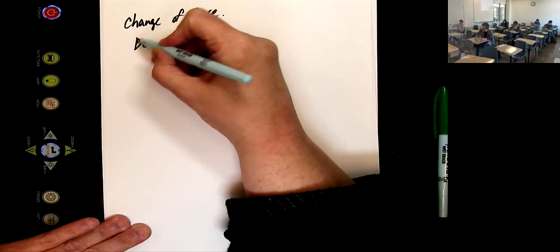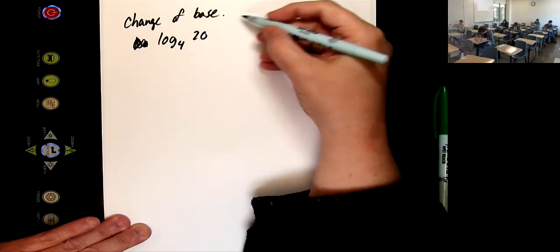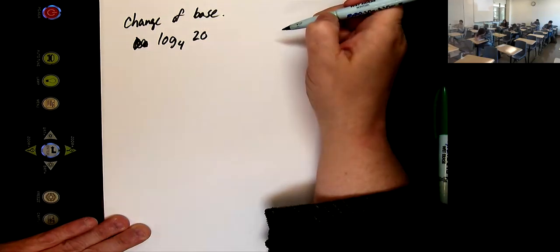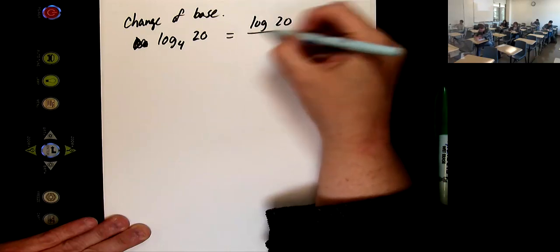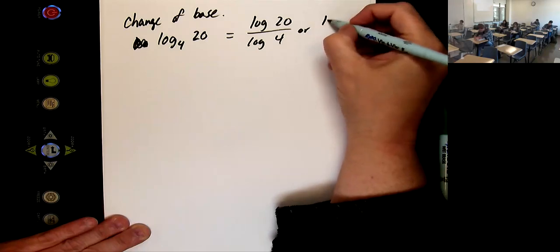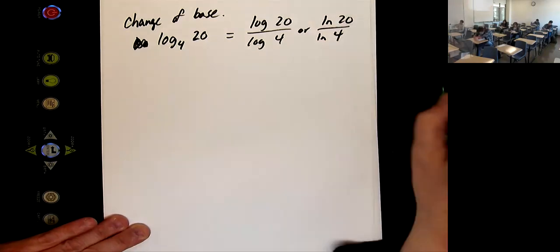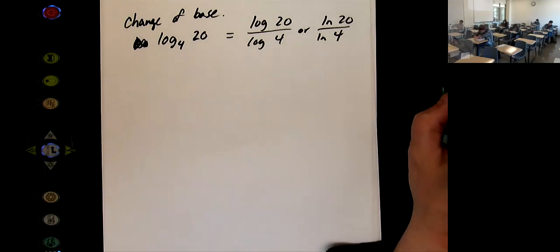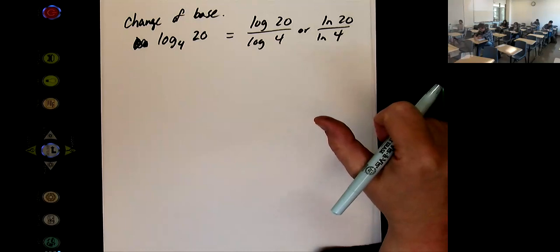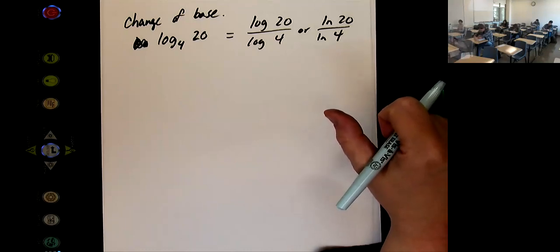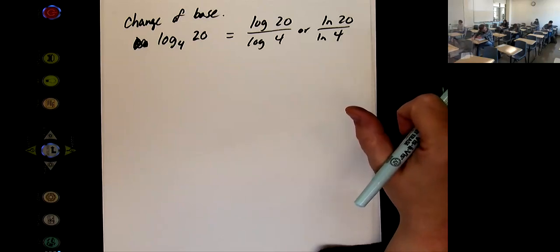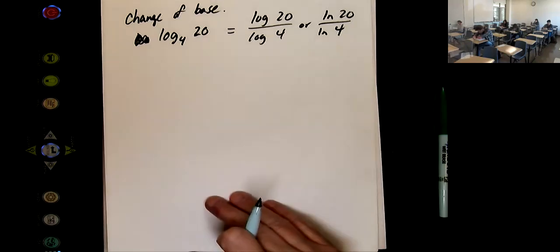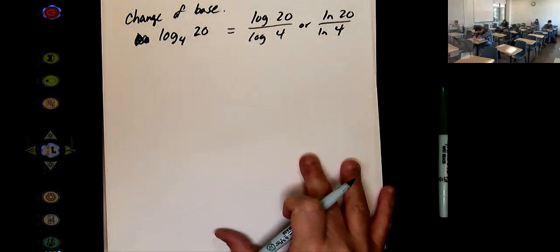If you have log base 4 of 20, you can do this as log 20 over log 4, or ln of 20 over ln of 4 in your calculator, and you'll get the same answer. That's all there really is to it.